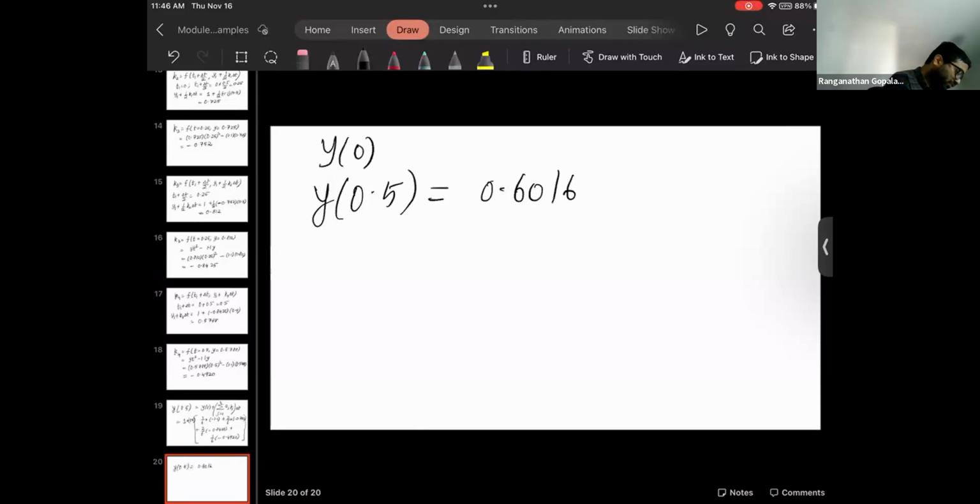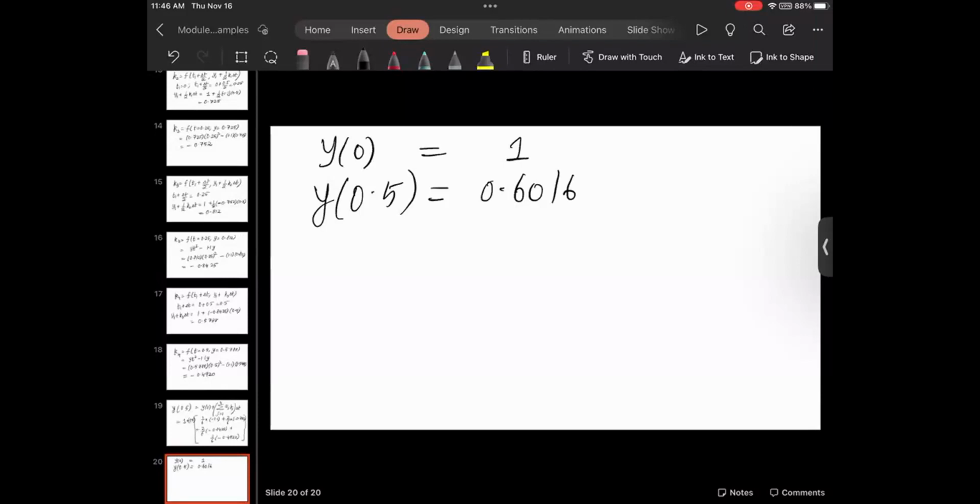Y of 0 was, of course, 1. Is anyone getting this value? Yeah, Hunter and I both got it.